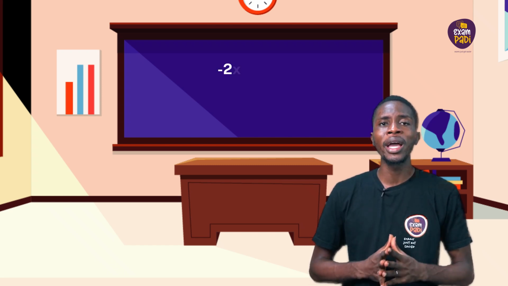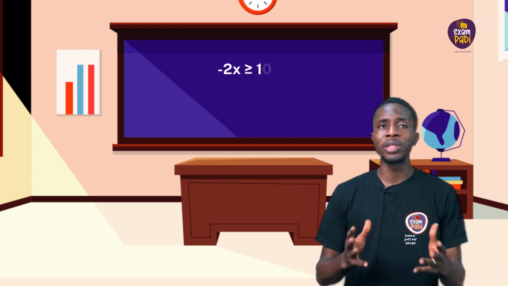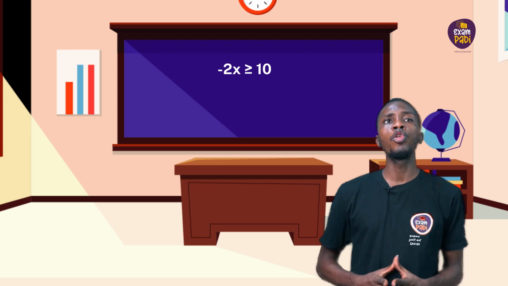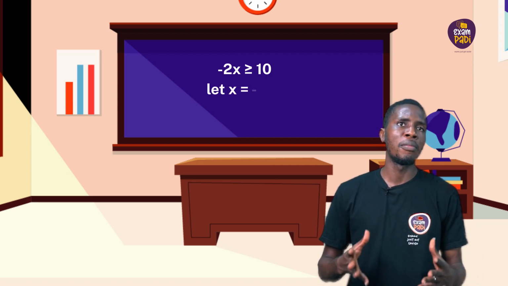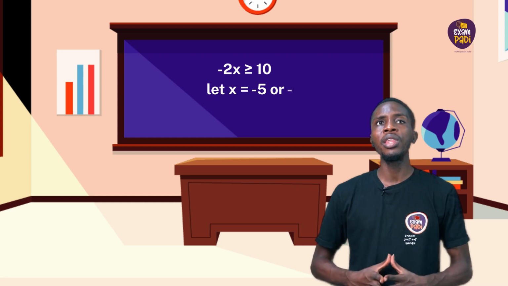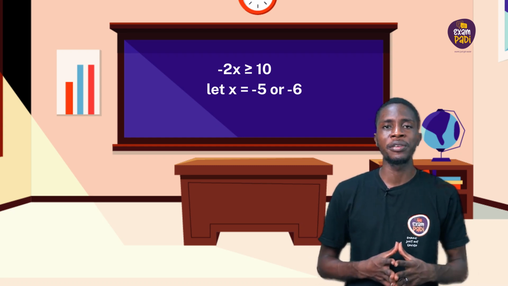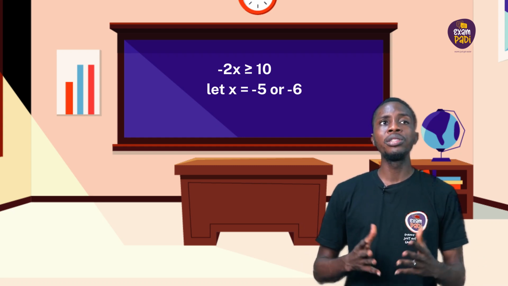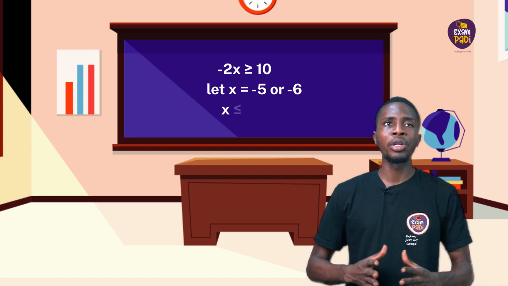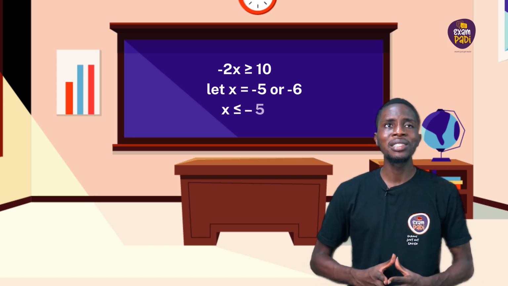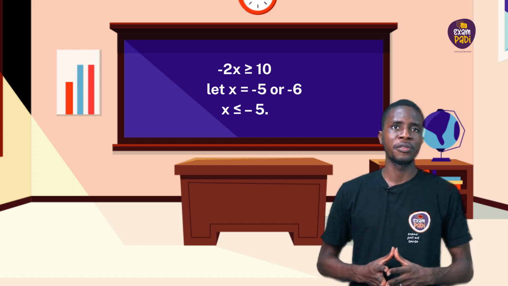But what would happen if you had minus 2x greater than or equals to 10? Before solving, if you let x equals minus 5 or minus 6 or any other value that is less than minus 5, then the inequality will be accurate. So, you would write your solution as x less than or equals to minus 5.